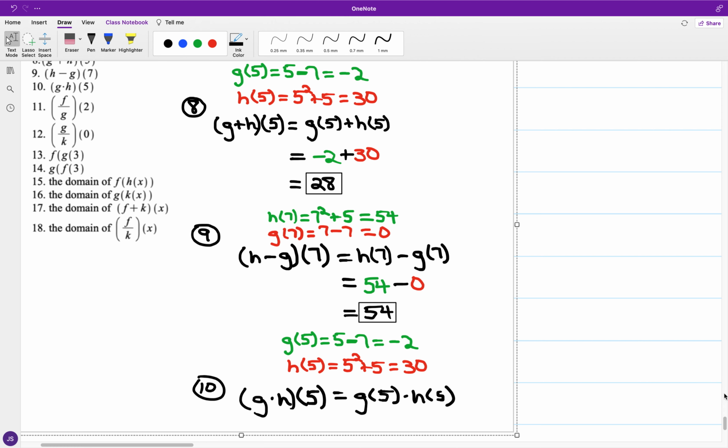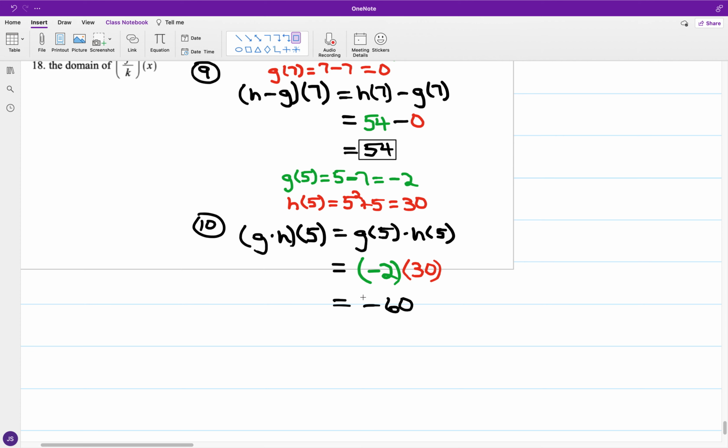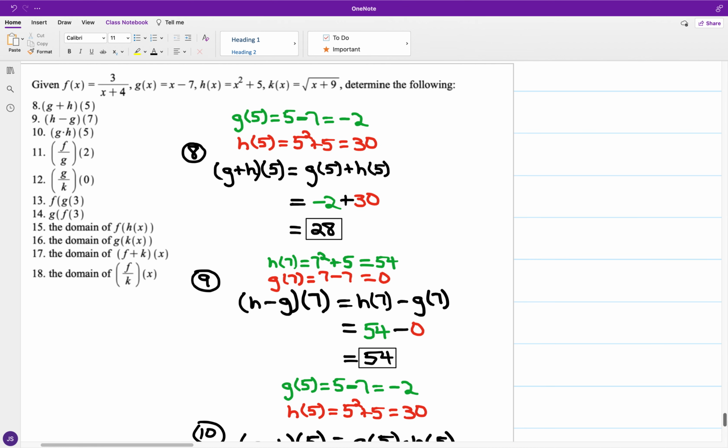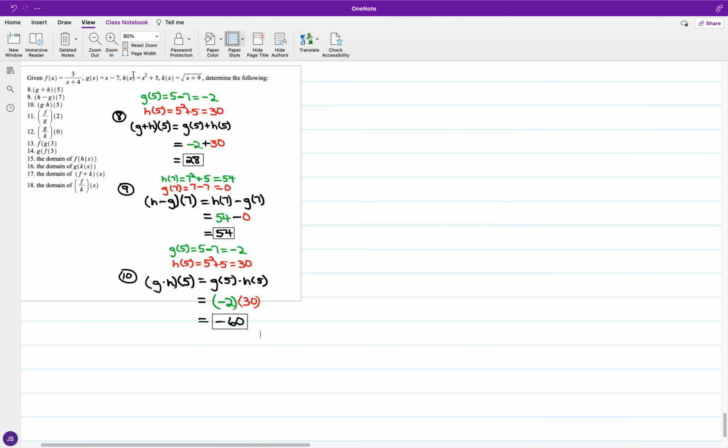Again, g of 5 is -2 and h of 5 is 30. For the follow-through, we have -2 times 30, and the result is -60. So for 8 through 10, we worked with the functions g and h.